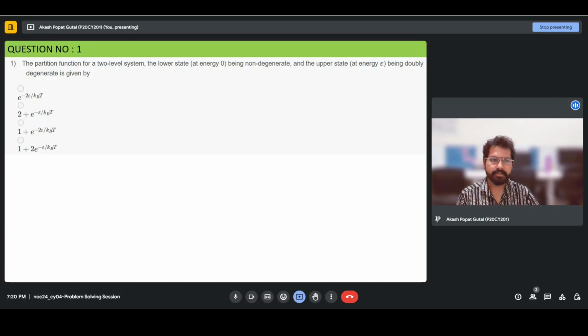We have discussed in the last discussion session how we incorporate degeneracy of a level in the partition function equation. So use that same formula and try to calculate the partition function for this particular problem.